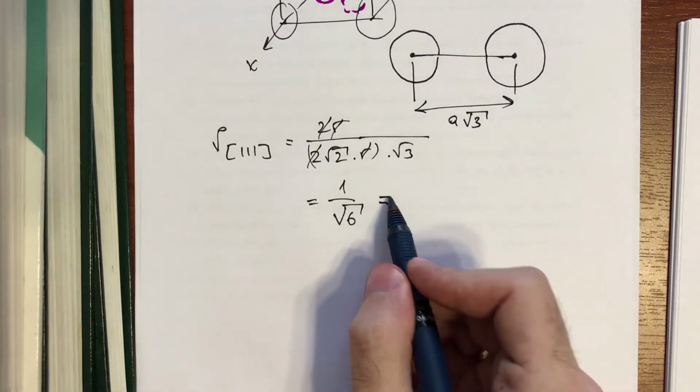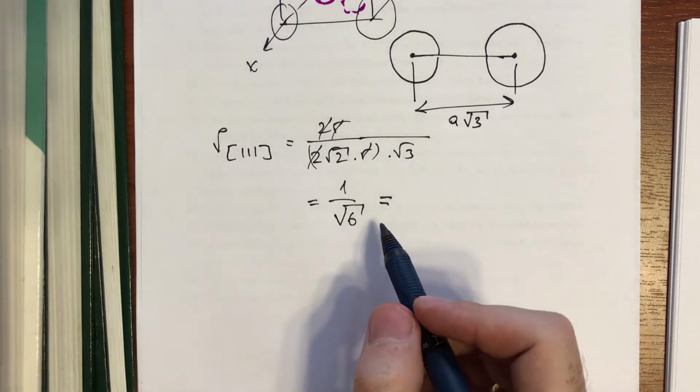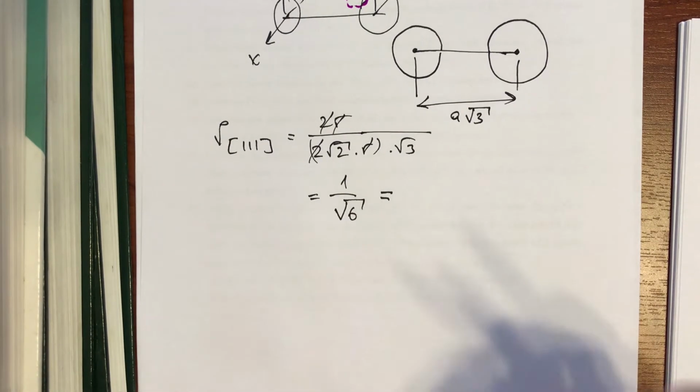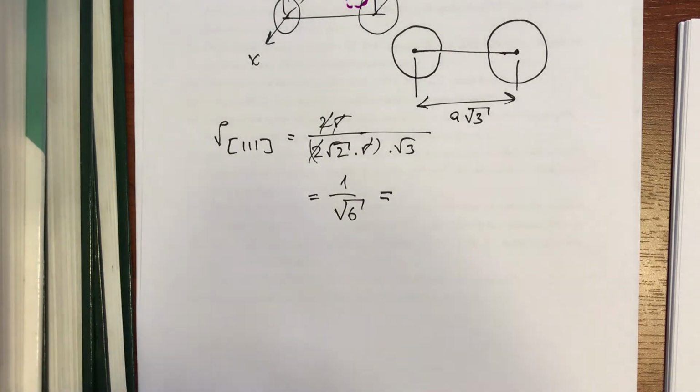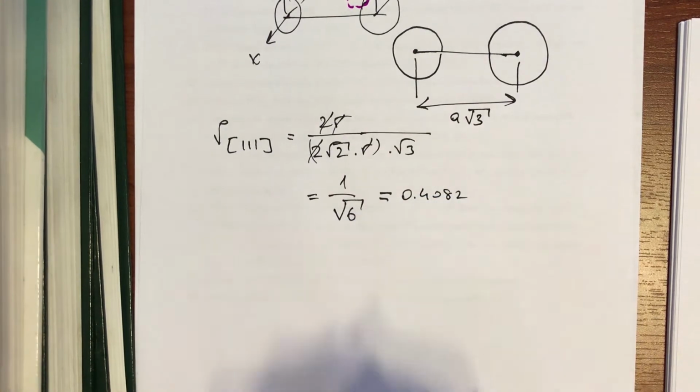And the numerical expression for that, well, you can calculate it yourself. I don't have a calculator here right now. So it's 1 over square root 6. But in the answers, I think I provide that value to you. Yeah, it's 0.4082. Okay.